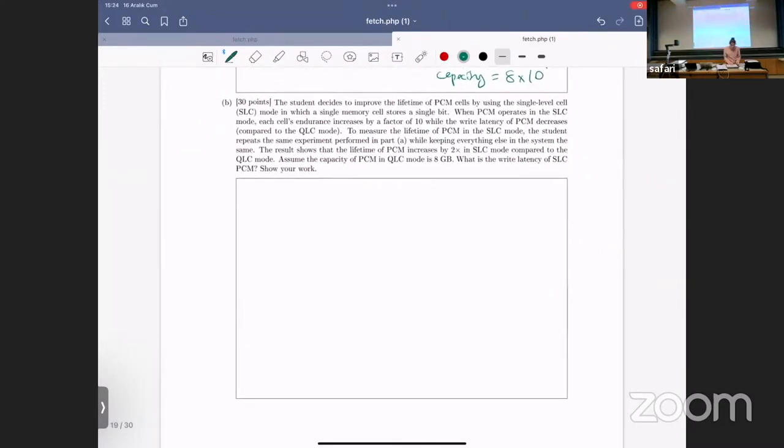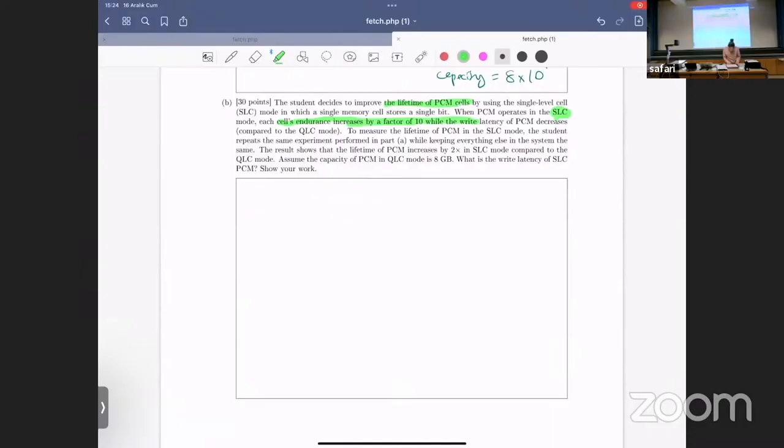So the next part is about improving the lifetime of PCM cells, and we need to extract our new numbers now. It says the cells' endurance is increased by a factor of 10, and now we have not a multi-level cell but a single level cell.